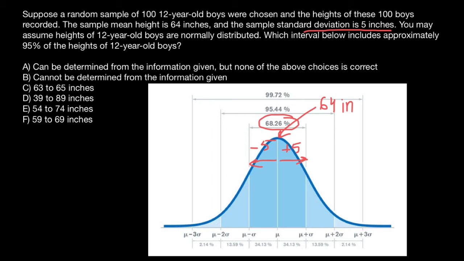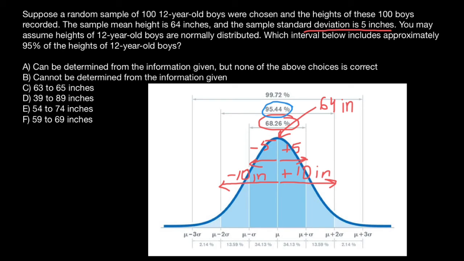And within two standard deviations, that means 10 inches to the left of this line and 10 inches to the right, in other words, minus 10 inches and plus 10 inches to the mean, this would cover 95.44%.